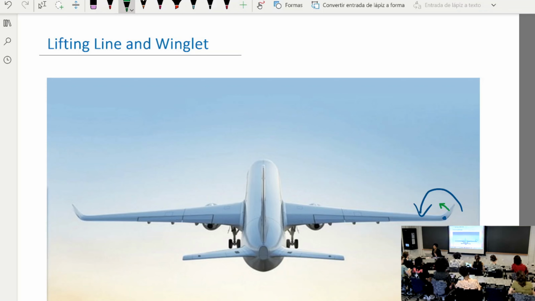Now imagine you pitch the winglet in such a way to make the angle of attack such that this winglet creates lift.